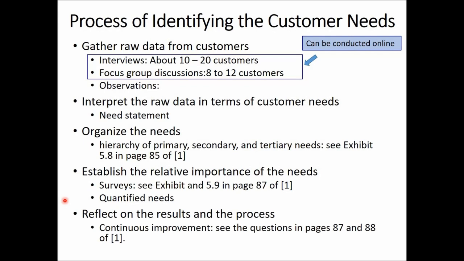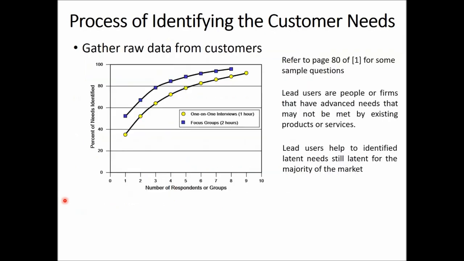And then once you work out all these things, you'll have to get back to the customers again and get some feedback about whether you have done it in the proper manner, acceptable manner, I would say. Otherwise, you'll have to do some fine tuning. So information for these are available in page 87 and 88 in the text. So please go through these sections so that you can get better idea about this.